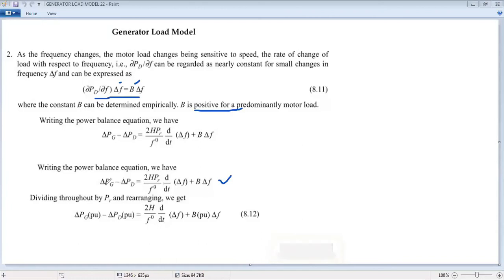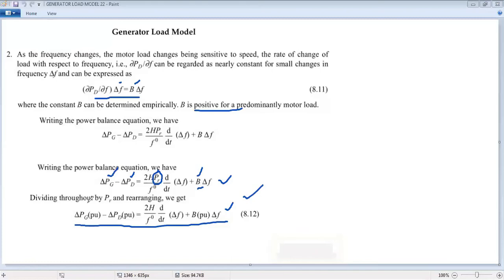We are dividing the right side and left side with PR, and it is converted into the per unit system: ΔPG per unit minus ΔPD per unit equals 2H by F naught times dΔF/dt plus B ΔF, in terms of the per unit system. So it is a power balance equation here.